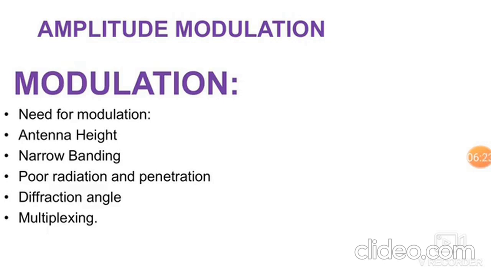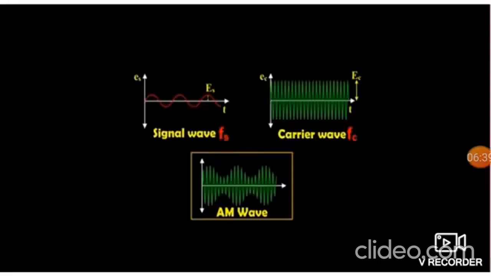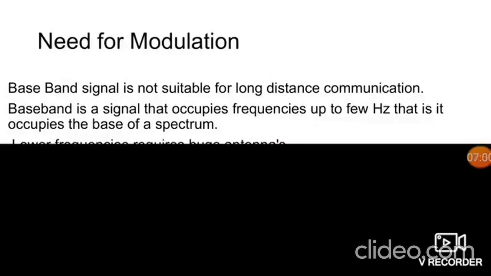While talking about amplitude modulation, we are going to cover the need for modulation: designing antenna height, narrow banding, avoiding poor radiation and penetration, determining the diffraction angle, and multiplexing. In the first diagram there is one signal waveform with frequency fs, and second is the carrier waveform with higher frequency fc, and AM is the amplitude modulated waveform obtained after modulation.